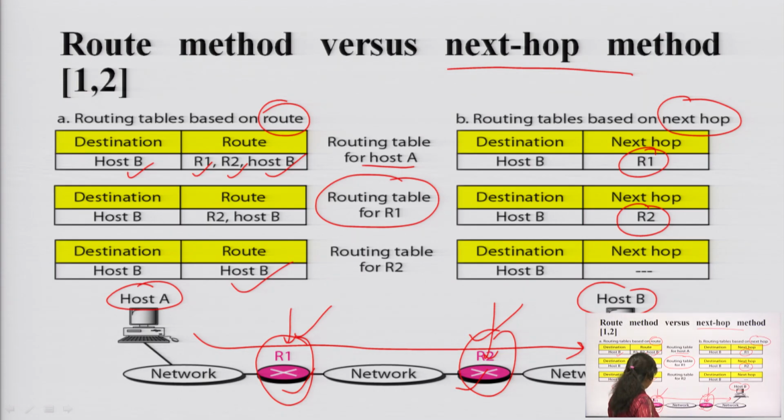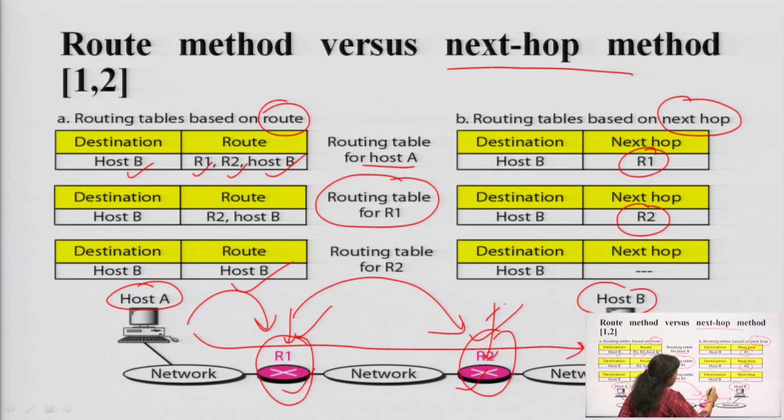Like in this case, the destination is the same in all the 3 entries, that is host B. Next hop for this case is R1. Then the next hop in this case will be R2, and the next hop in this case is the destination. So, we have not added any information in this point, that is next hop.